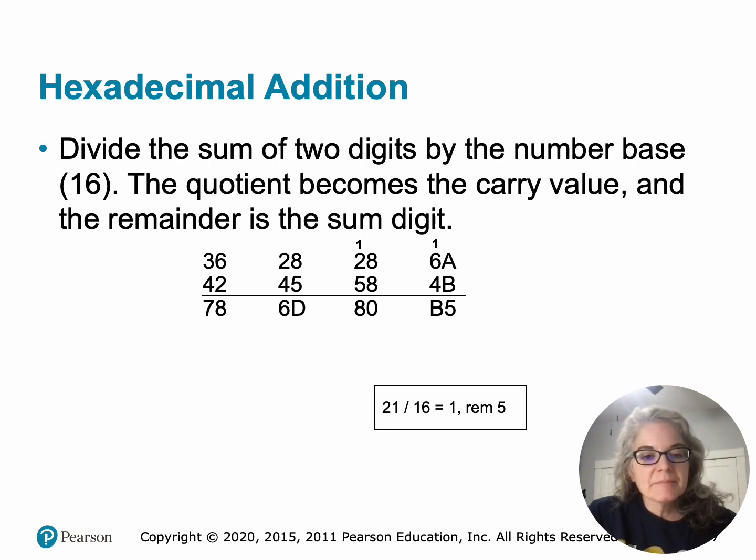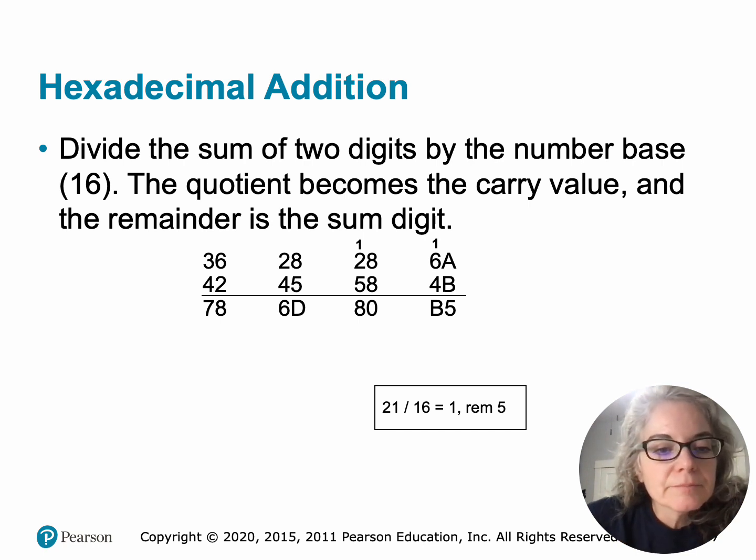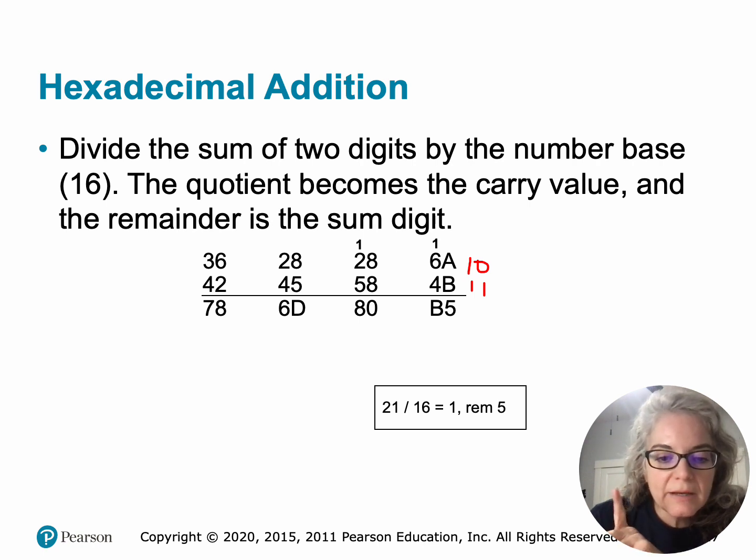Okay, so what does that mean? Let's take a look at this one here. We have B plus A. Remember, A is 10, B is 11. So 10 plus 11 is 21. They've taken the 21 and divided it by 16. 16 goes into 21 one time, 1 times 16 is 16, with a remainder of 5.